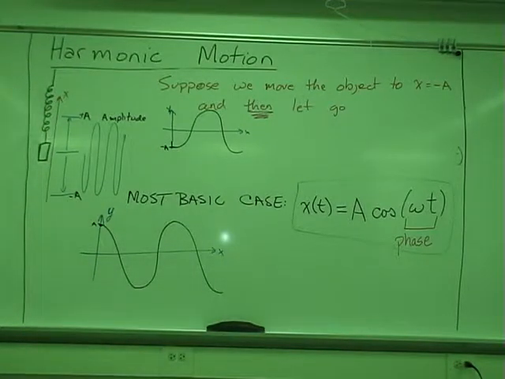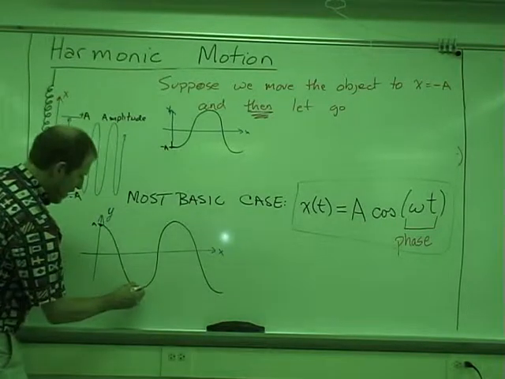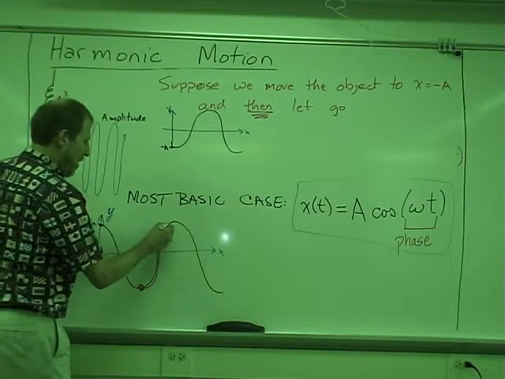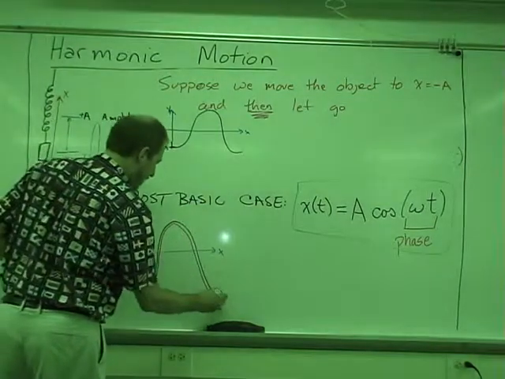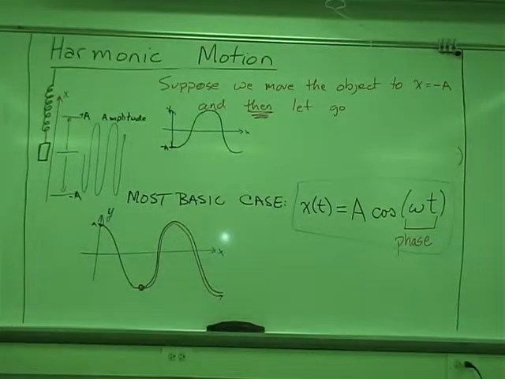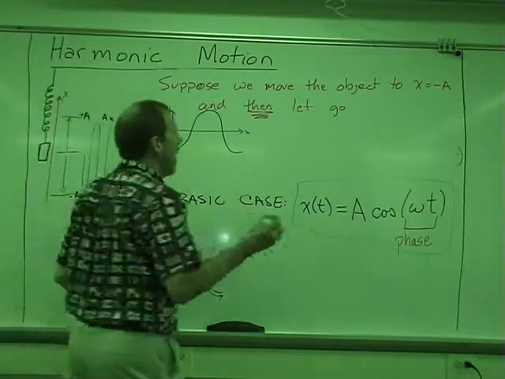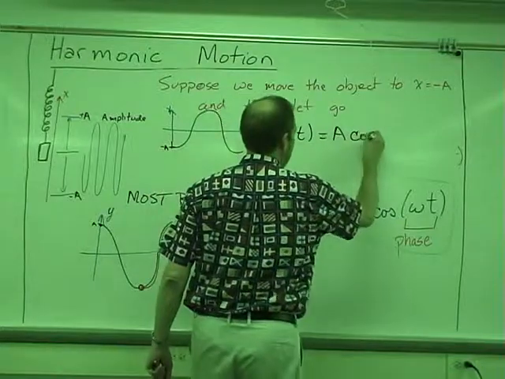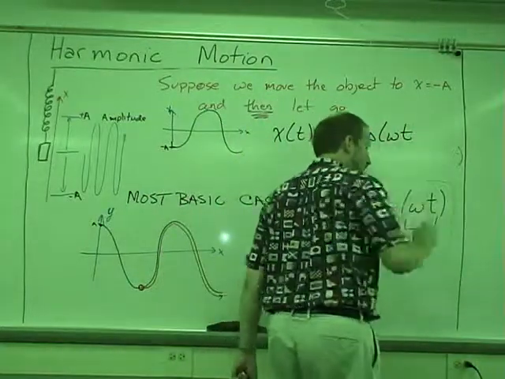Notice that that's exactly what it would look like if I started right here and let it go. The behavior out into infinity is exactly the same. The only difference is, if the behavior is the same, I should be able to write it the same way.